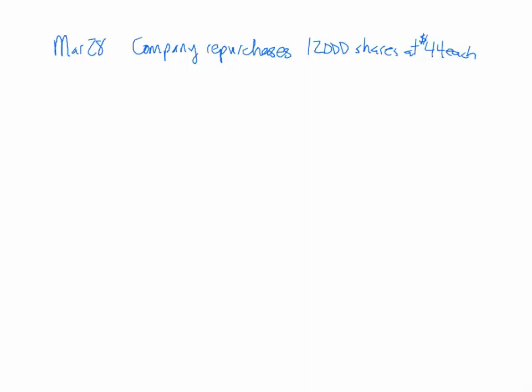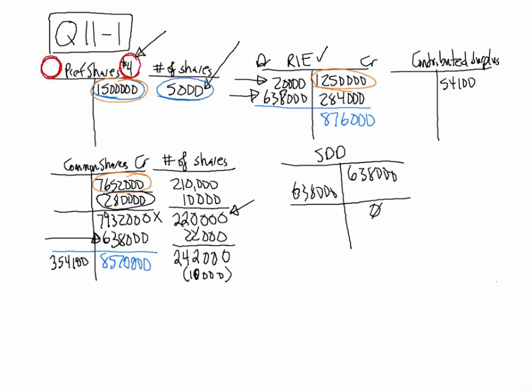So remember, the first step is to calculate the historical cost per share. So let's go back. 8,570,123 minus 354,100 equals 8,215,900. And we have 232.